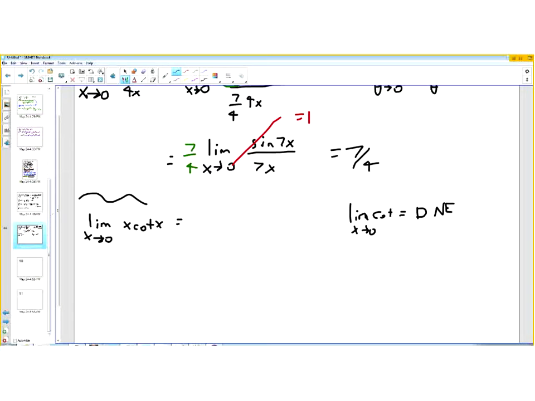So replace the cotangent function with its definition in sine and cosine, and then you'll readily see the result. So this is the limit as x approaches 0 of x times the cosine of x over sine x.